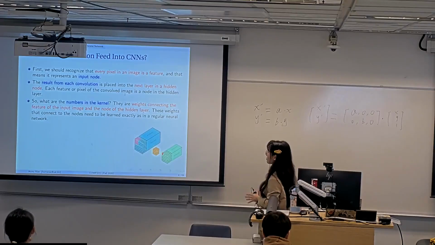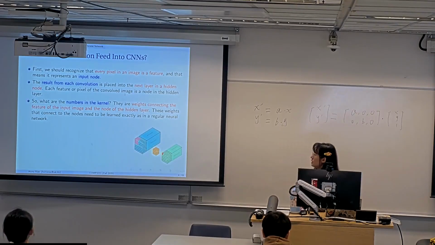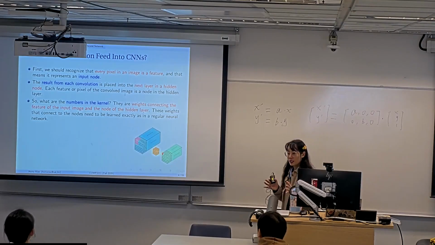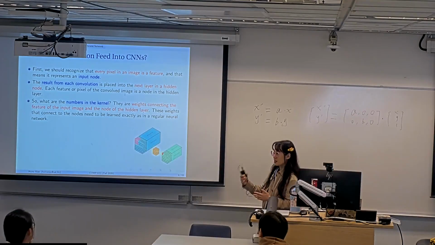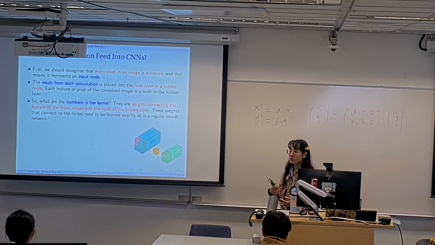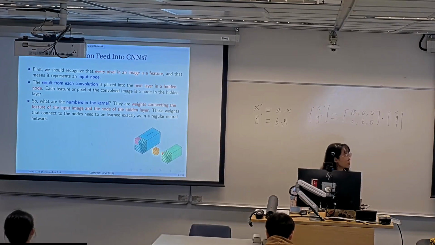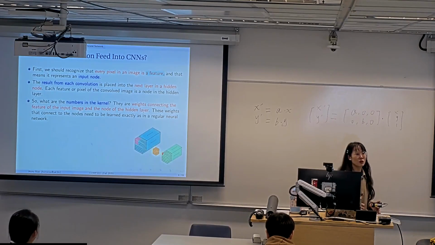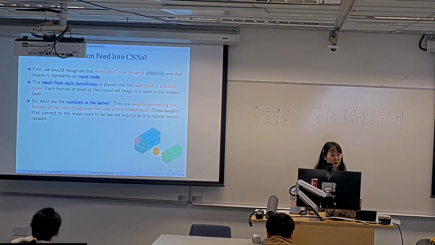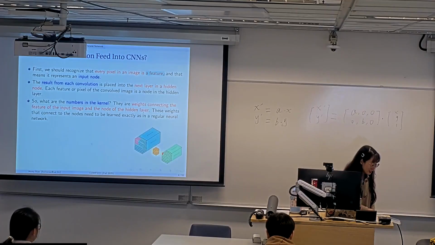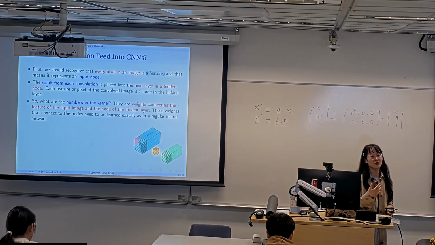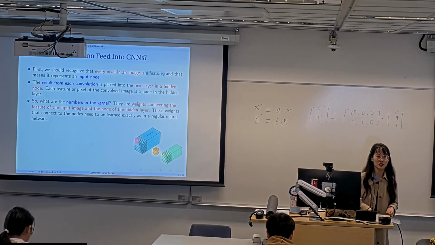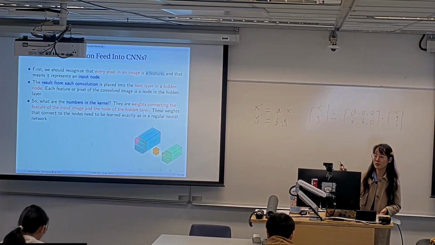So first, we should recognize that each pixel in an image is a feature. Whenever we talk about a machine learning algorithm, we need to find what the feature of the input is, or the feature extracted from the input. Previously, when dealing with very traditional machine learning models, the features were very well defined.